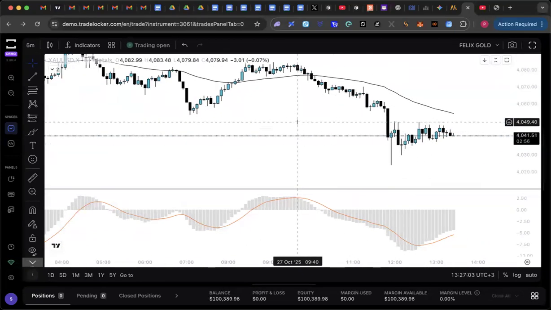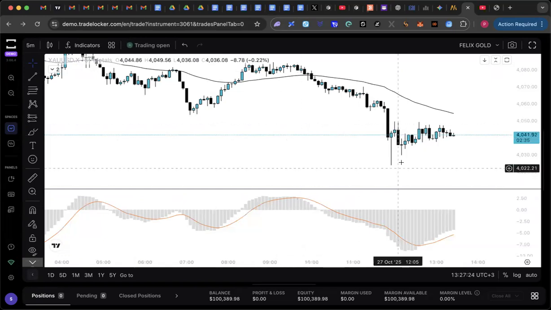Using the 50 moving average and MACD can be very fantastic, but ensure that the market is not overly choppy, and then you're going to enjoy your trade. So a cross, a breakout, and a return back to the 50 moving average is the matter.